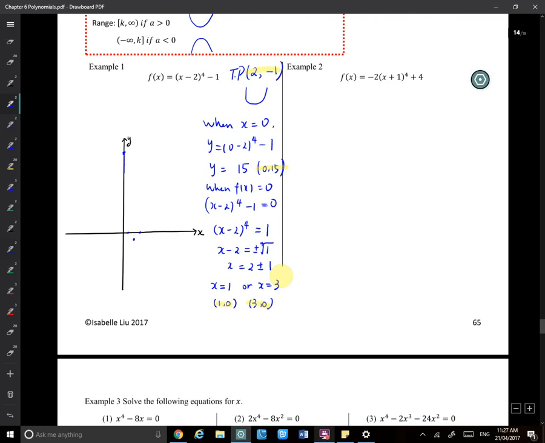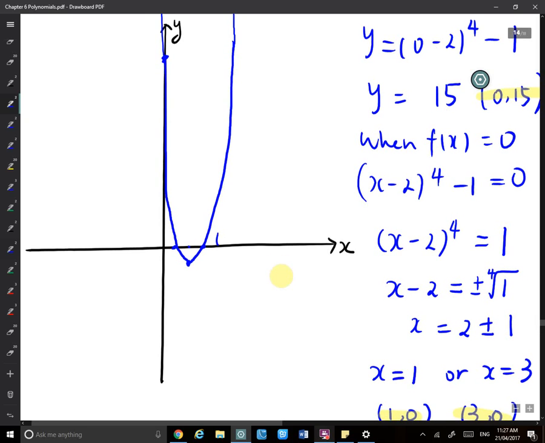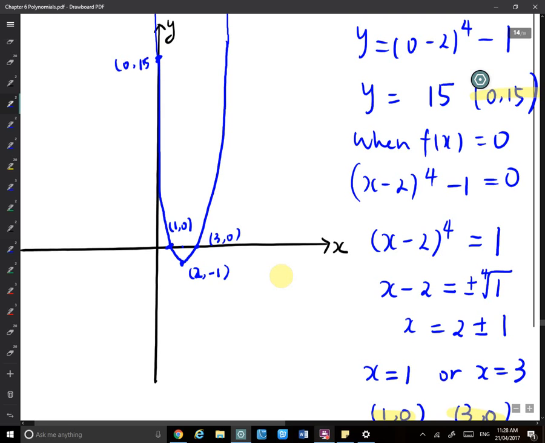Well, if I sketch this graph, the graph will look like this. You have (3, 0), (1, 0), (2, -1), and here is (0, 15).